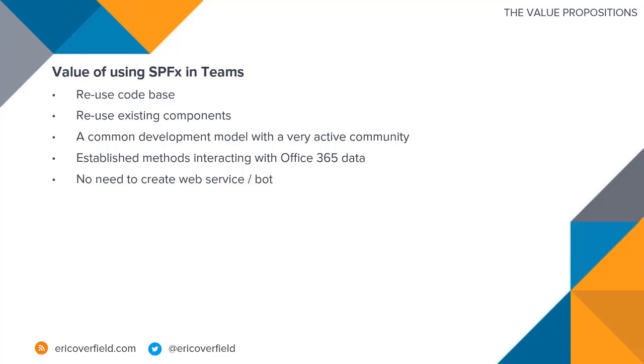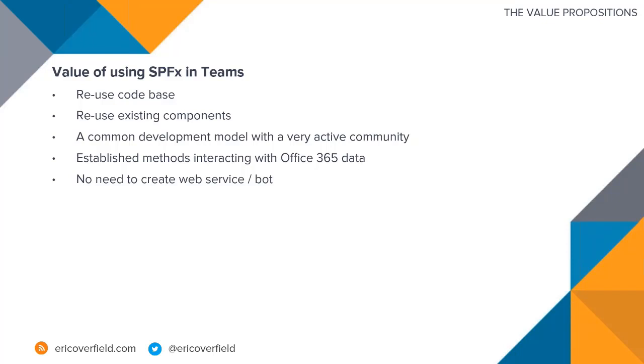In general, the way that I look at this is, if you are working with Office 365 data, if this customization app that you want to build, basically a tab here, that you want to add to Microsoft Teams is interacting with Office 365 driven data, so it needs to talk to SharePoint, OneDrive, Exchange, interacting with groups, things like that, to me this is a no-brainer to work with the SharePoint Framework, because the SharePoint Framework automatically, natively, already communicates very well with all of those different services.